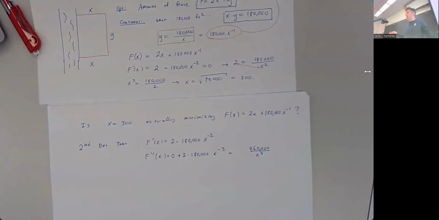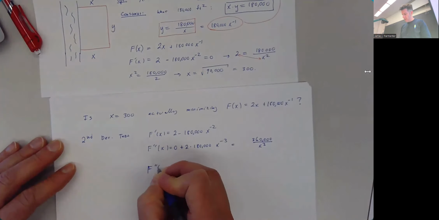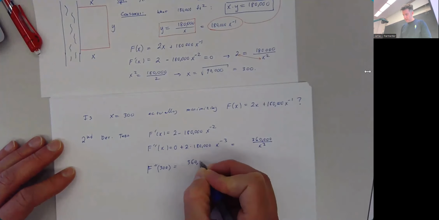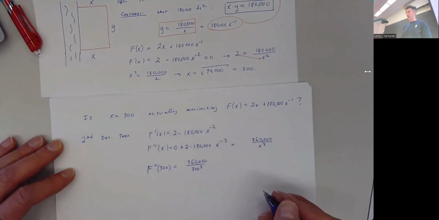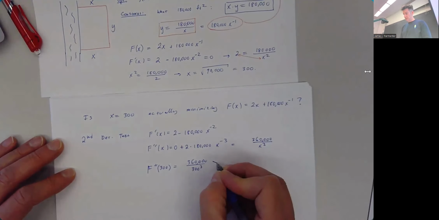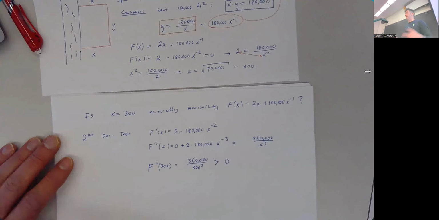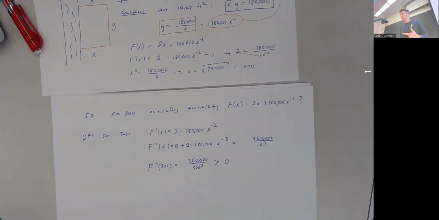And then we plug in our critical value. Now here's a tip. You don't need to actually know what you get when you plug it in. You just have to know if it's positive or negative. So if I plug in 300, I'm going to get 360,000 over 300 cubed, which is obviously positive. Okay, if the second derivative is positive, which way are we concave?